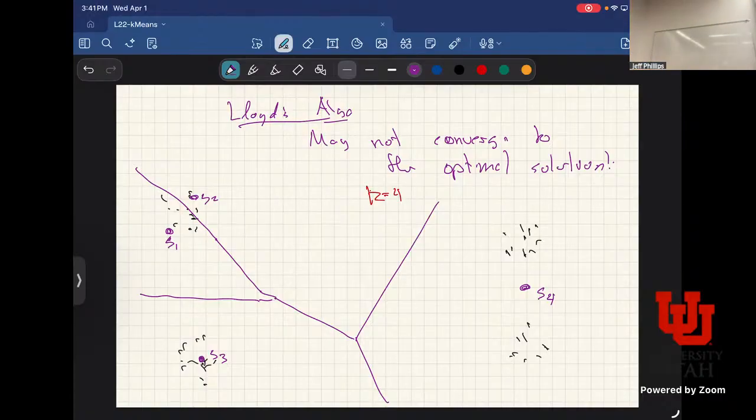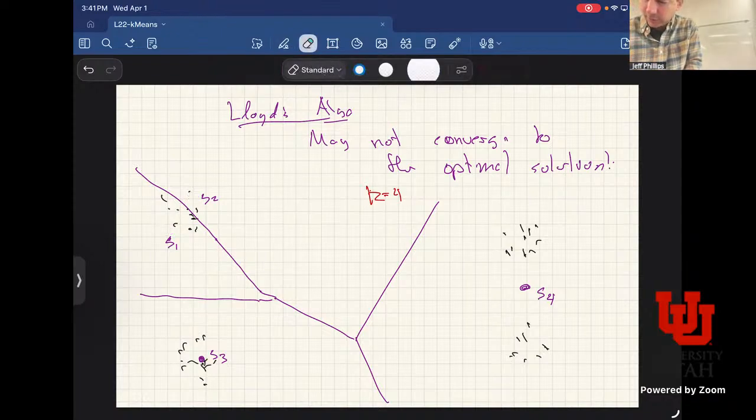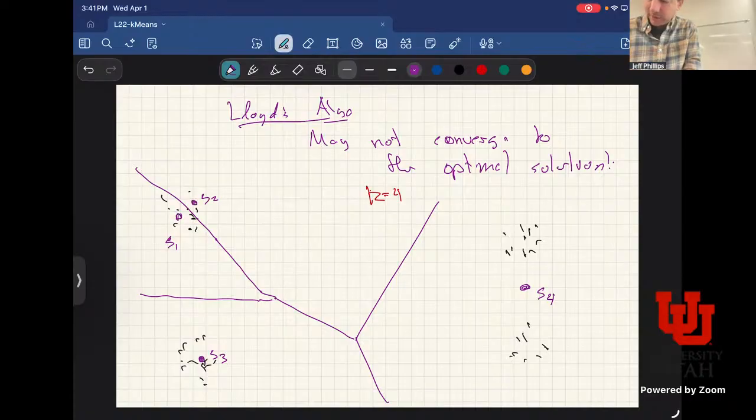So what happens if I run one step of Lloyd's algorithm? Maybe I didn't draw these S1 and S2 perfectly, and maybe I can redraw them a little bit more here.